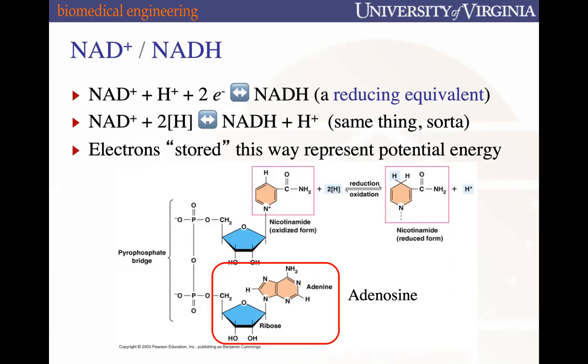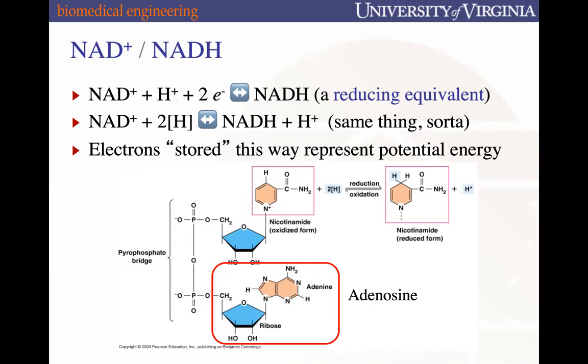Typically, the reducing equivalent NAD that gains the electrons becomes NADH, so it's two species. It's basically two versions of the same molecule, but with NADH, that's the reducing equivalent that has gained the electron. When you have NAD with two hydrogens that has the electrons with it, you're going to produce NADH with an extra hydrogen positive ion.